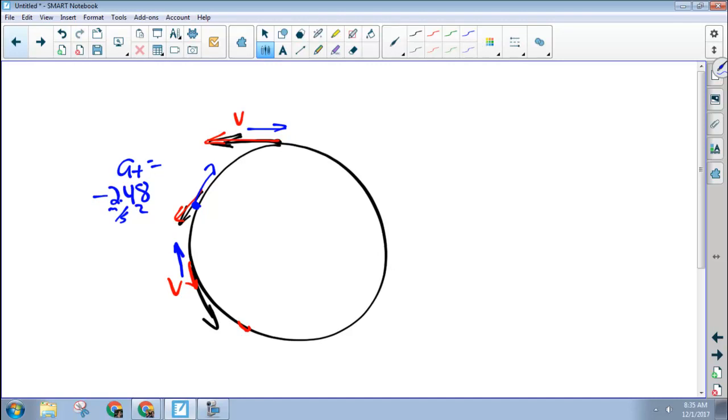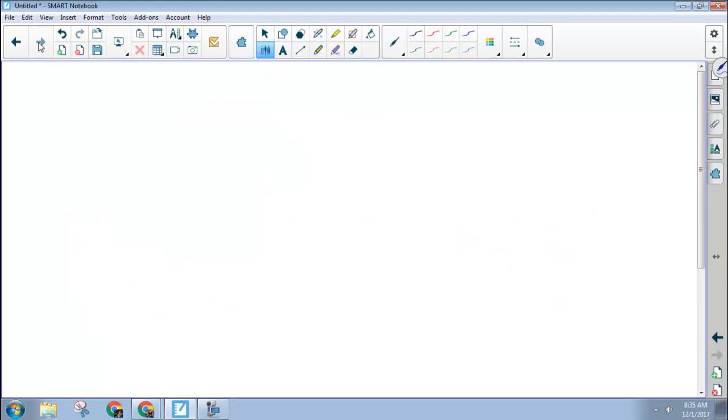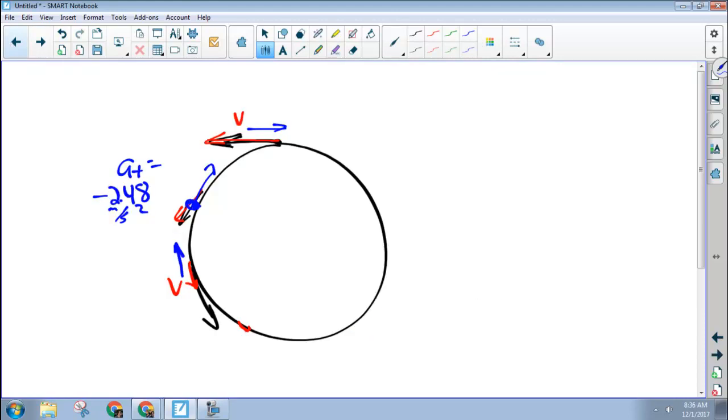Is that right? Good? And at this point, the car is traveling at 14.8 meters per second. So there's also centripetal acceleration, right? Everybody point for me. What direction does the centripetal acceleration point in? In toward the center, right?